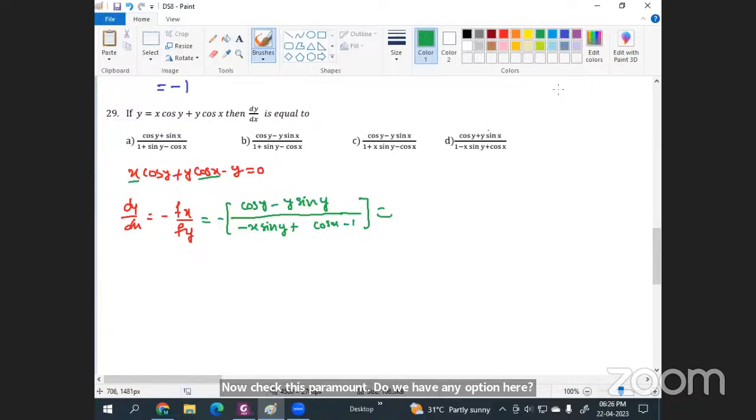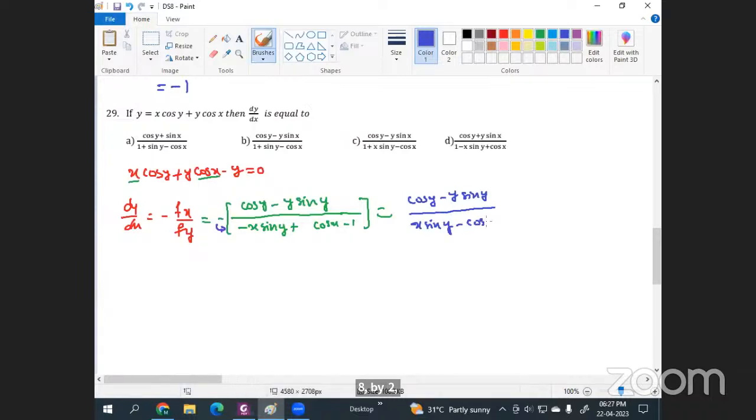This minus I will send to the denominator. So I can get cos y minus y sin x equal to x sin y minus cos x plus 1. So your answer is cos y minus y sin x by 1 plus x sin y. So third option is the right option.